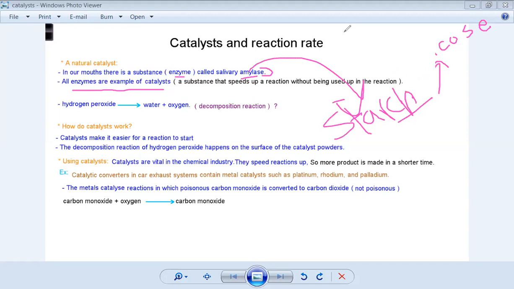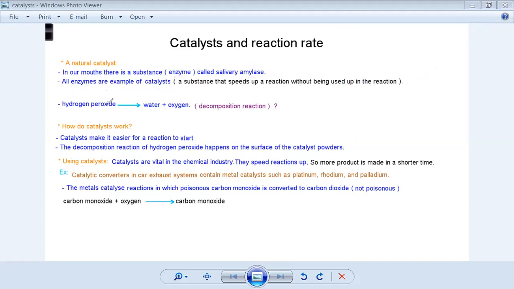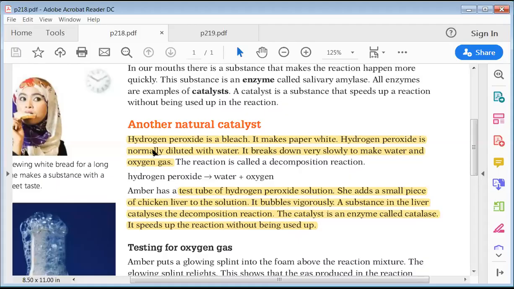Yes, it's clear. Okay. Before the reaction, I will share the page of the book. And I want to show you another natural catalyst.